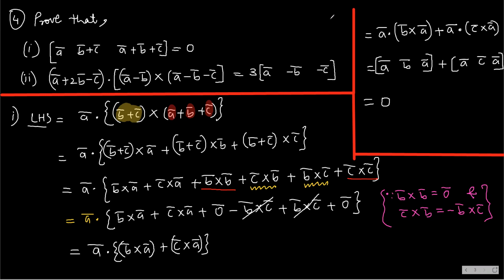Why? Because we know when any two vectors from the three vectors are equal to each other, the scalar triple product value is 0. See, A bar and A bar are equal vectors. Here also the same. So the final answer is 0, which is equal to RHS. Hence proved.